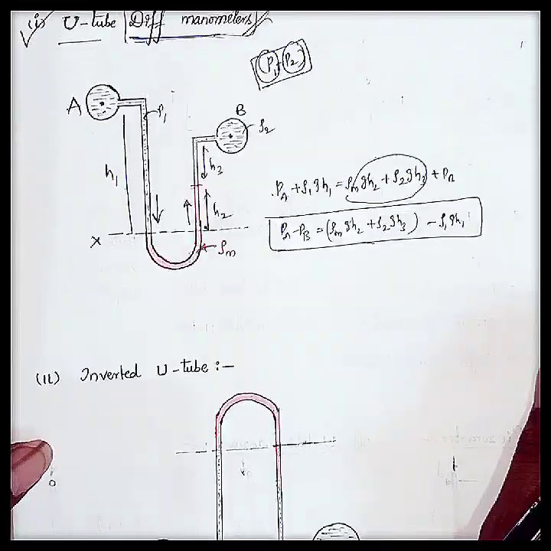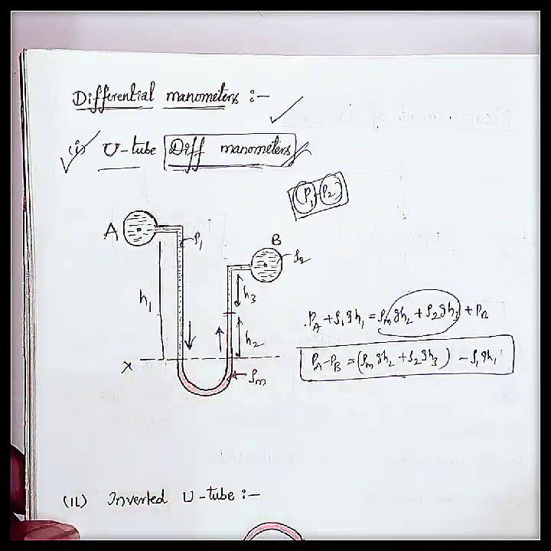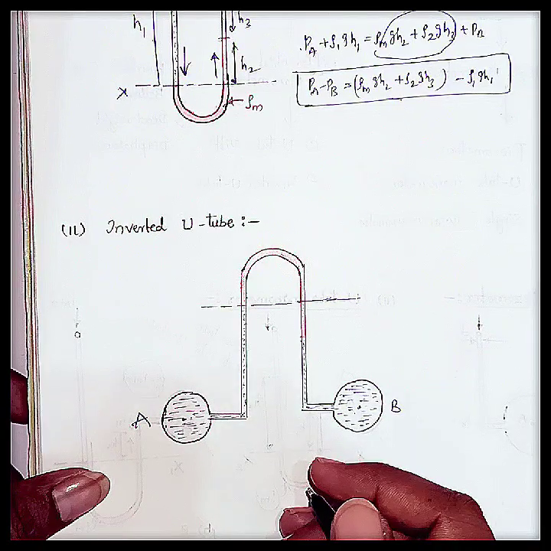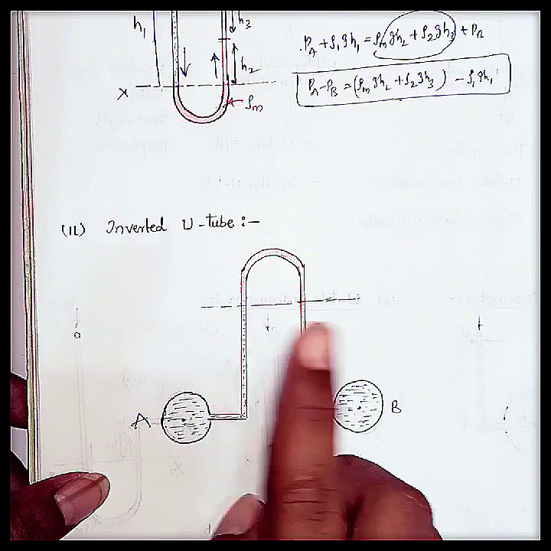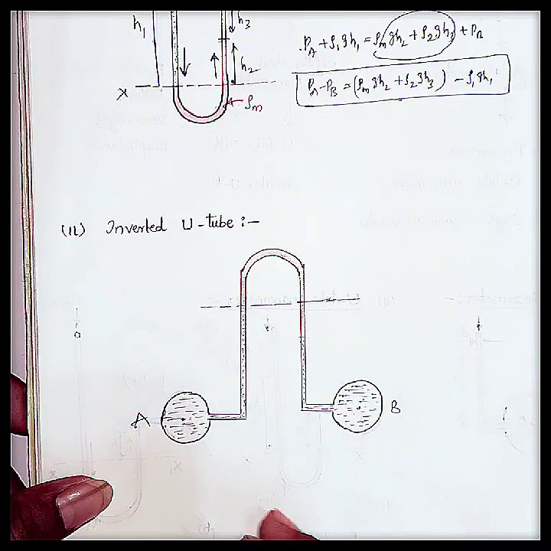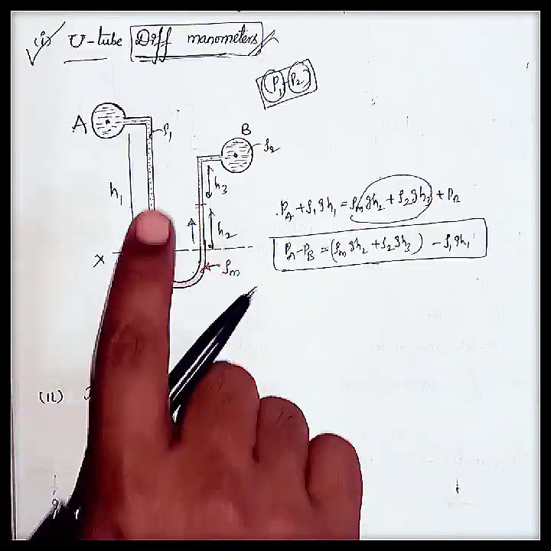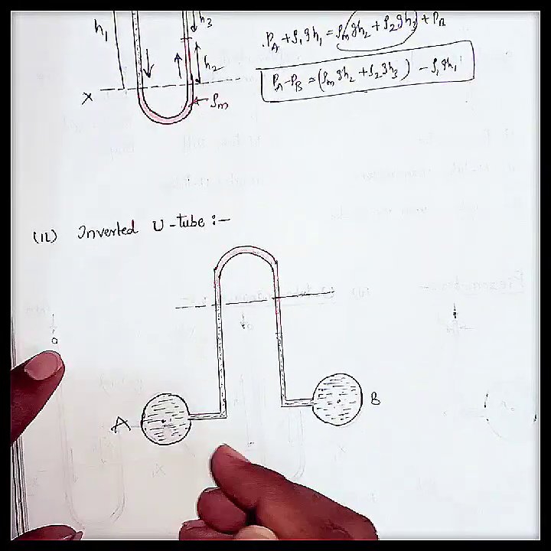Whenever we are not able to measure with a U-tube differential manometer, in those cases we will use inverted U-tube manometers like this. Many students don't understand how to measure with the help of inverted U-tube manometers. Here I will tell a small trick, and you can easily find it. Similarly, whatever we calculated here, we can calculate here also, but the small trick is this.